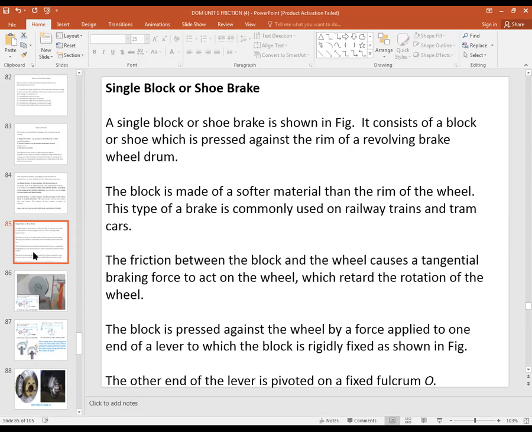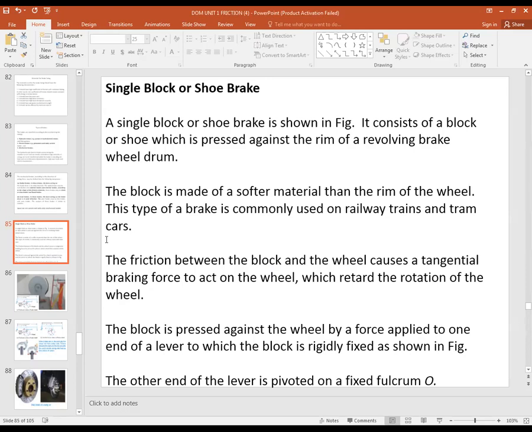Single block or shoe brake. Last class I also showed you one video.